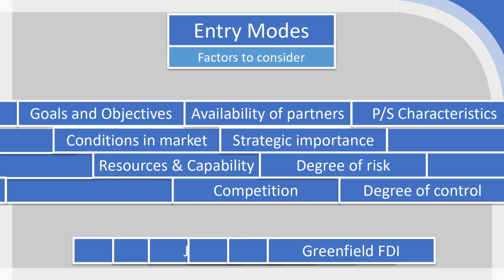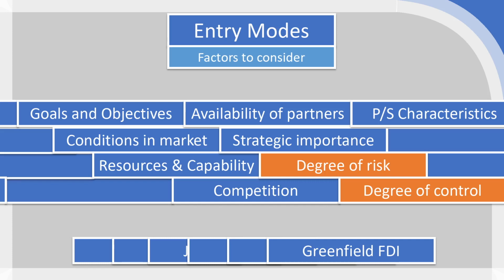However, what we are going to focus in on is 2 specific factors and use those to organize and explore the different entry modes. And that's going to be the degree of risk present within each entry mode and the degree of control that each entry mode offers.